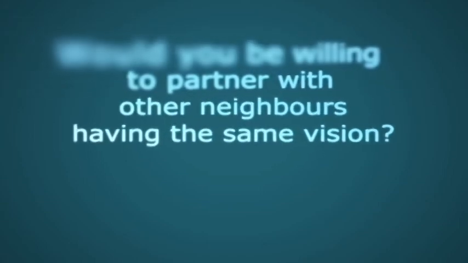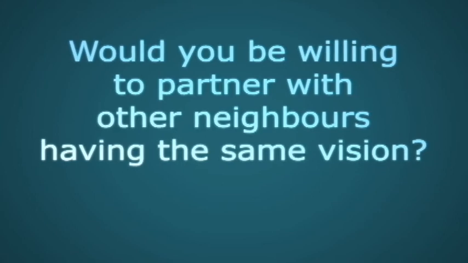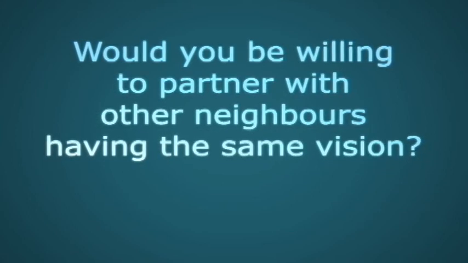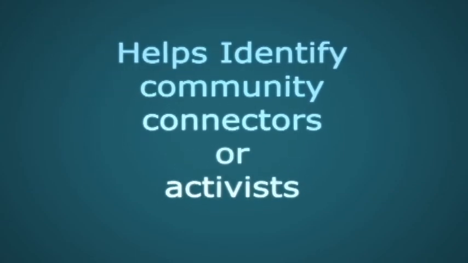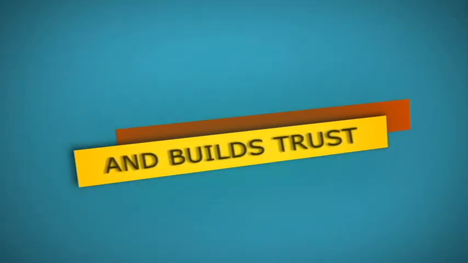Finally, you may ask, if there are other neighbors who have the same vision and interest, would you be willing to partner with them? Again, the idea is to start positively by asking about their concerns, asking how they could contribute to solving those problems, and whether they engage other neighbors in solving the problem. This helps us identify community connectors or activists and builds trust among the residents.